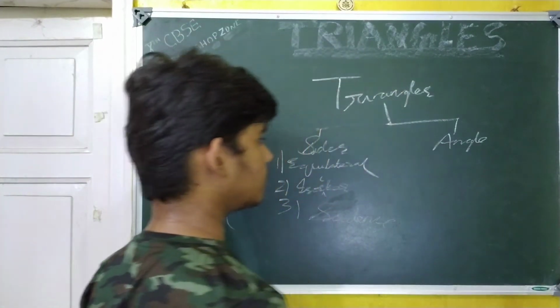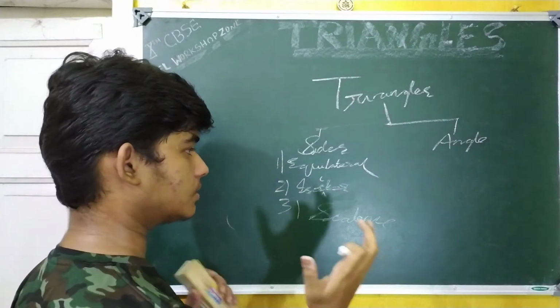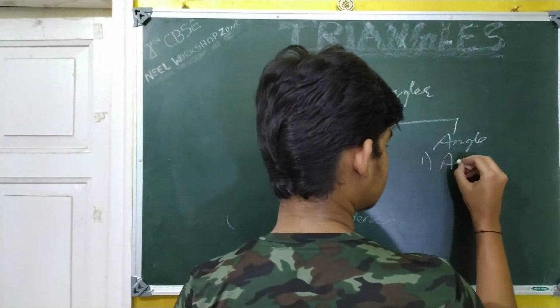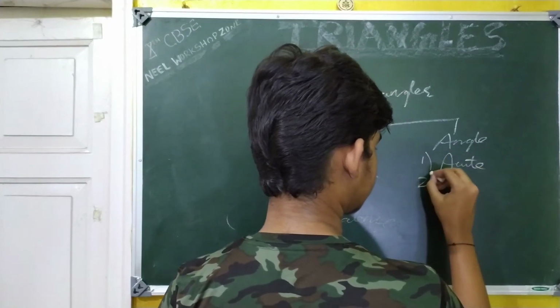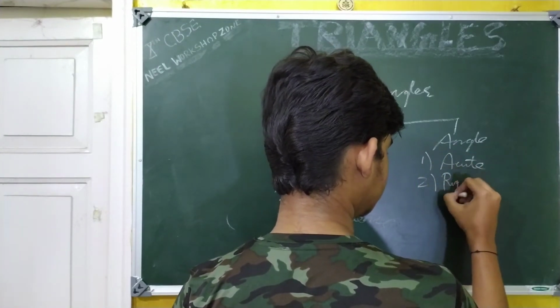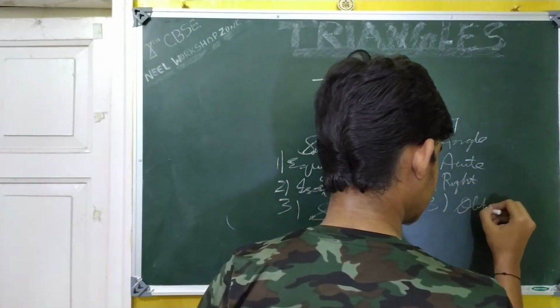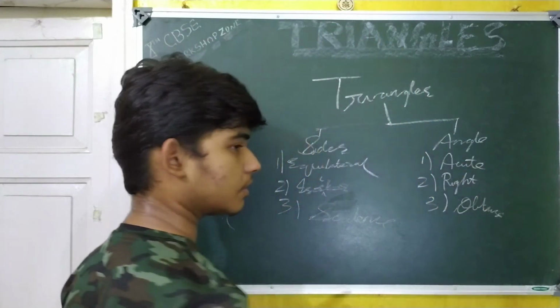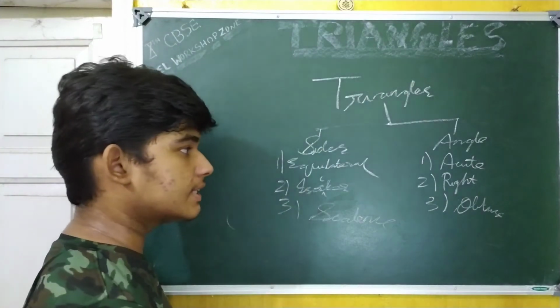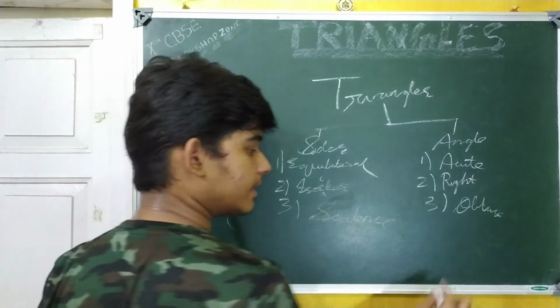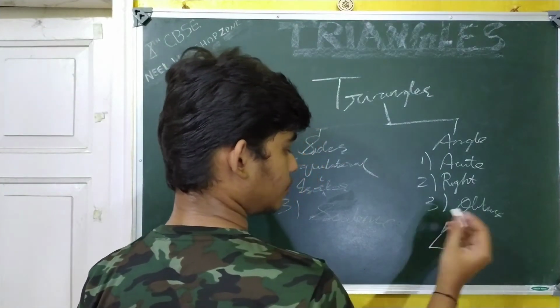Now that we talked about how a triangle is classified through sides, let's talk about the angles. First is acute, second is right, and third is obtuse. Acute triangles, also known as acute angle triangles, are triangles where all of the angles are acute.